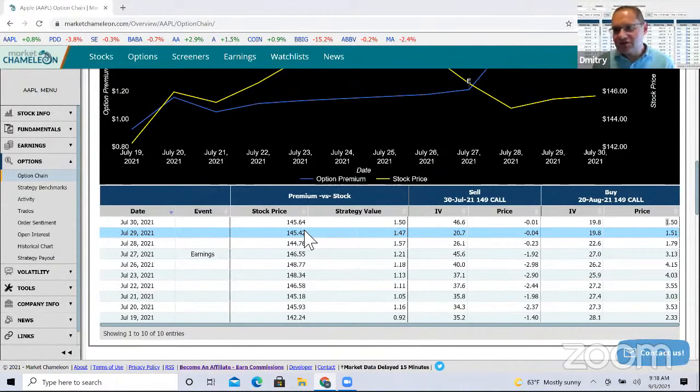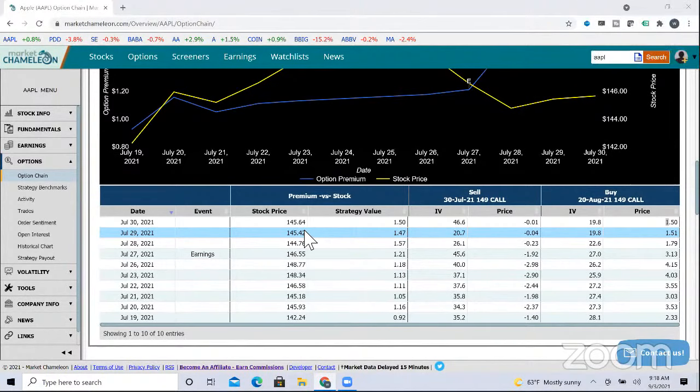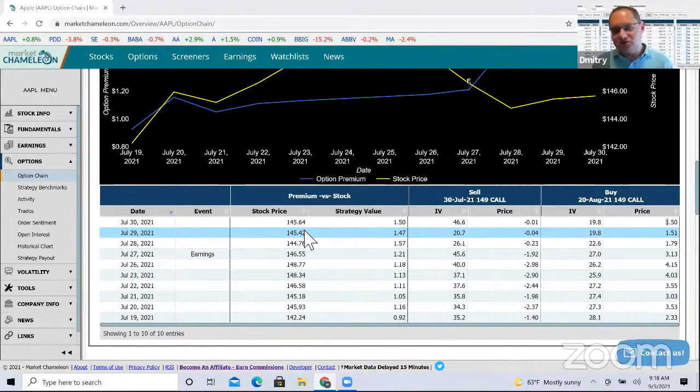Just in Apple alone, there are different options, calls, puts, different expirations. Do different ones have different IVs attached to them? Exactly, that's exactly right.